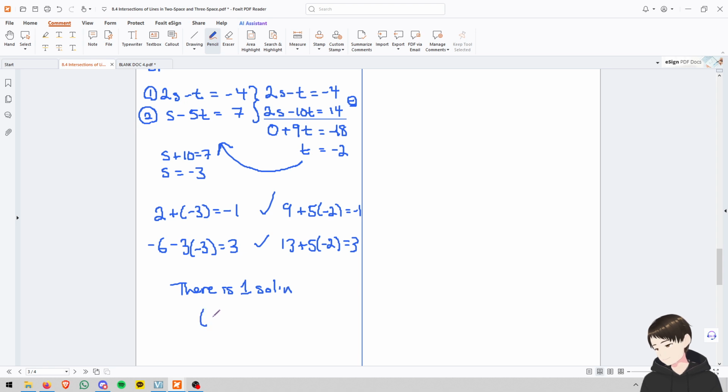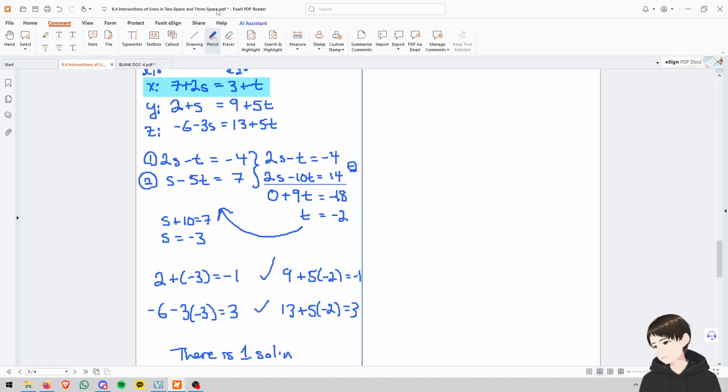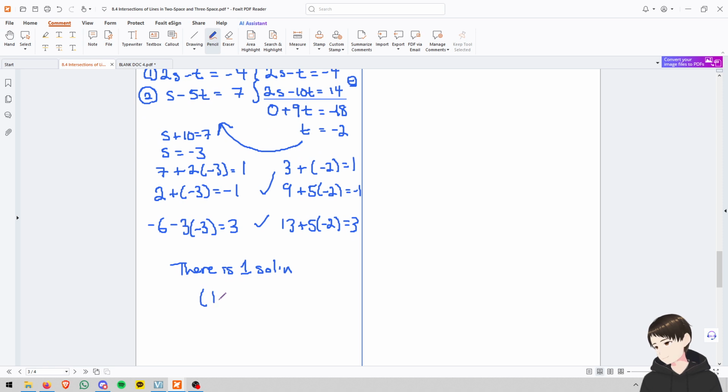I didn't calculate it yet. x is 7 plus 2s, that is 1, and 3 plus t, 1. So 1, negative 1, 3 is my point of intersection.